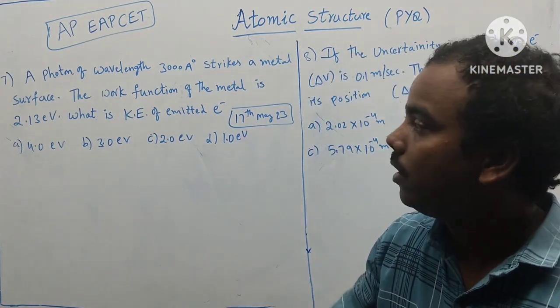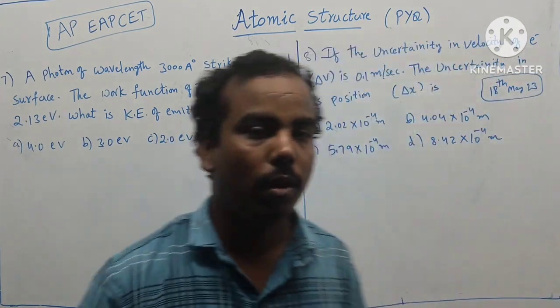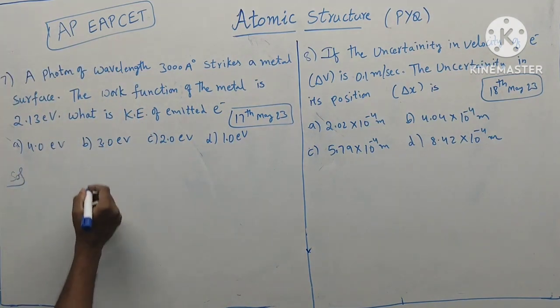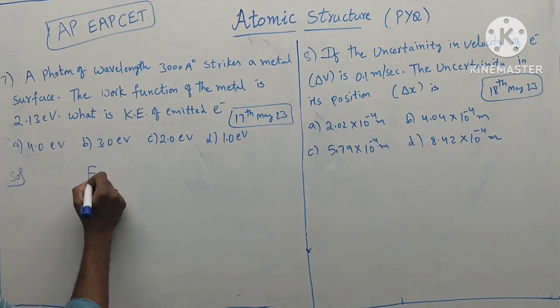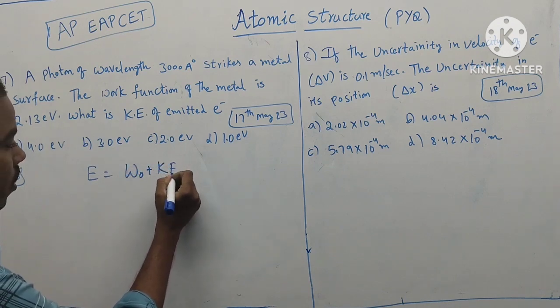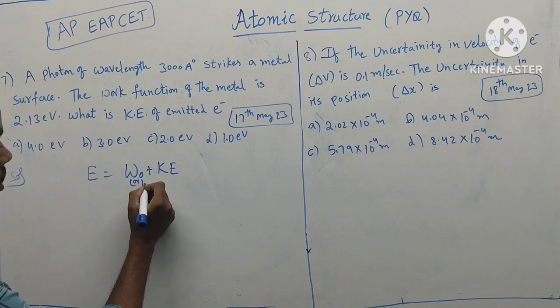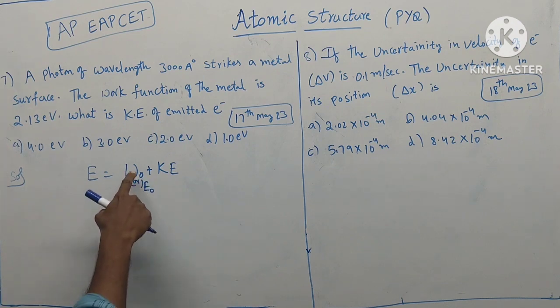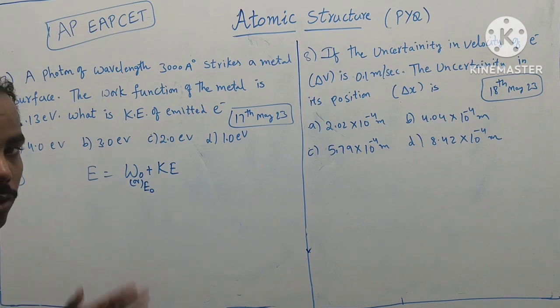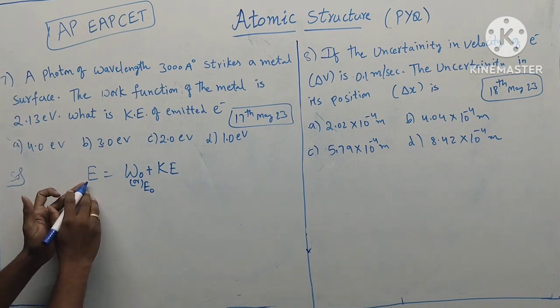Extra energy is converted into kinetic energy. So what is the formula of the photoelectric effect? E is equal to W naught plus KE. Here W naught or E naught indicates work function, or threshold energy. E is the incident light energy.